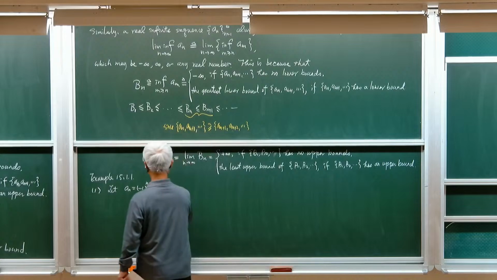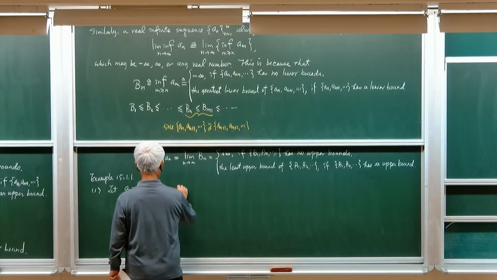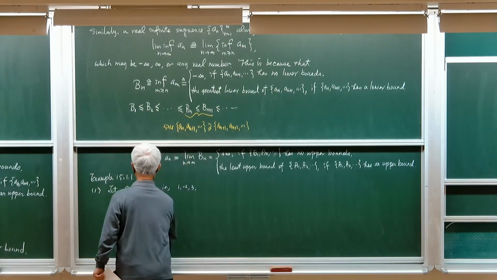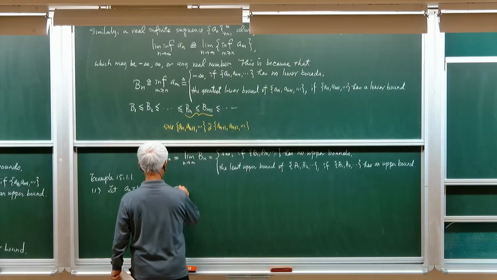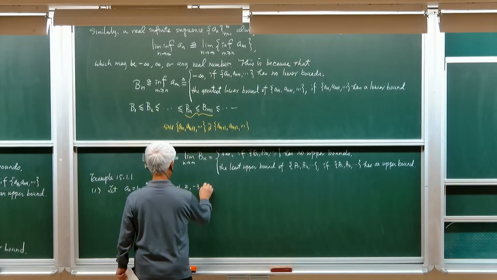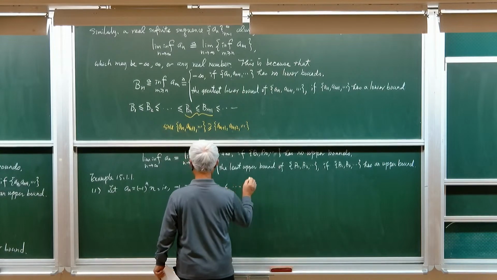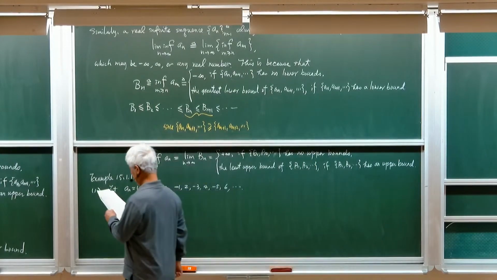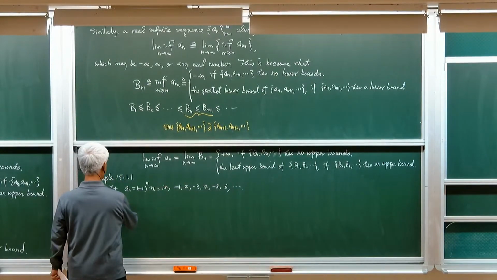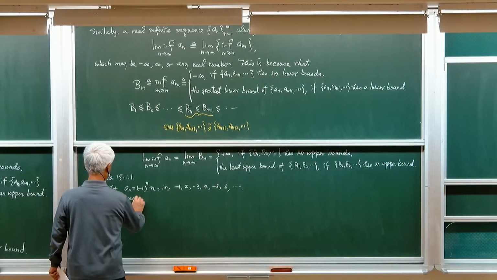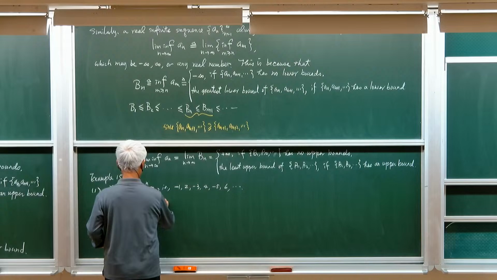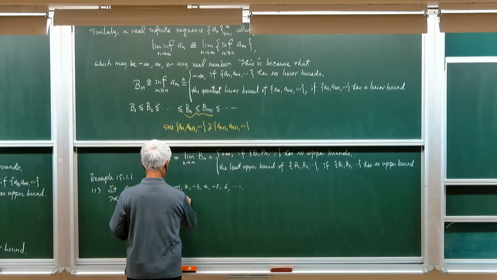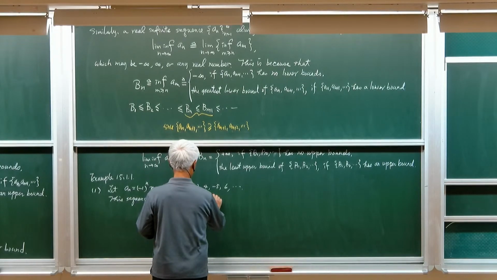We have 1, minus 2, 3, we have minus 1, 2, minus 3, 4, minus 5, 6, etc. So we have this sequence, and of course, An does not converge.